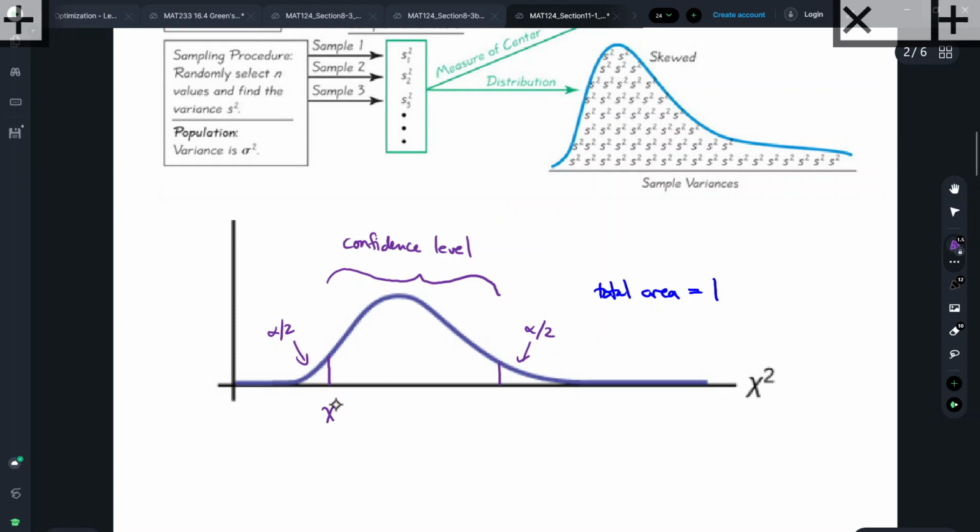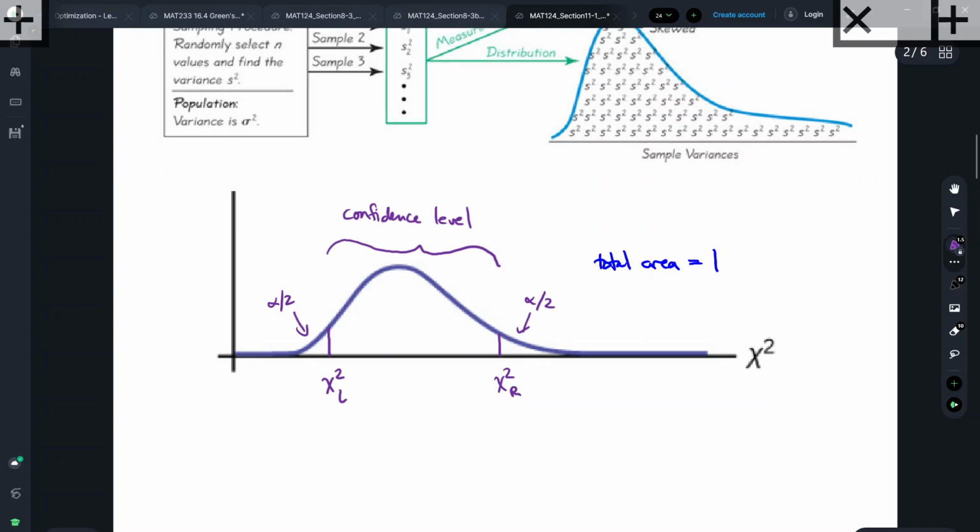Let's call the one on the left chi-square left, and the one on the right chi-square right. These are called the critical values, and we're going to use them to construct the confidence interval.